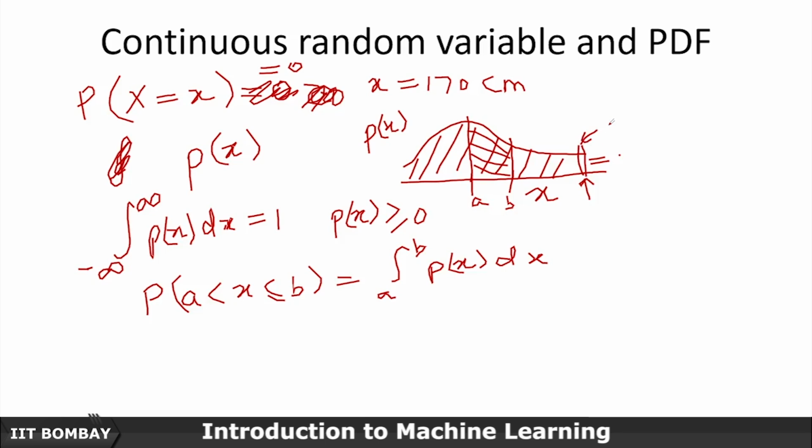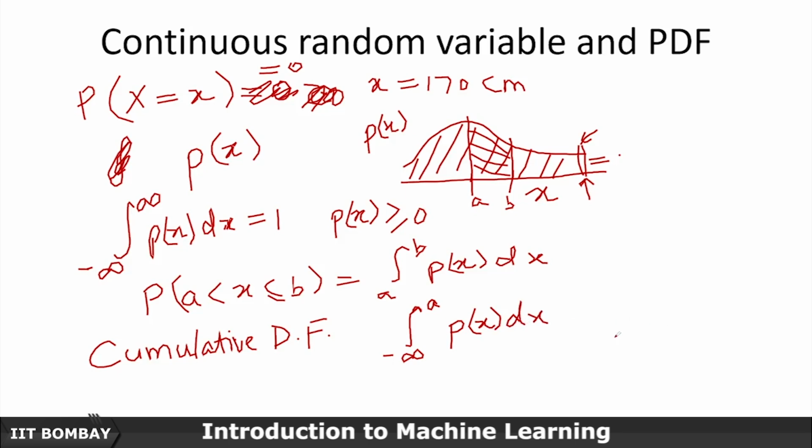A related quantity that we have with this is called the cumulative density function, and that is the integral from minus infinity to a of p of x dx. So now here let us say I have the variable a, and this function, the CDF, will be a non-decreasing function, which will be 0 at minus infinity, and it will saturate at 1.